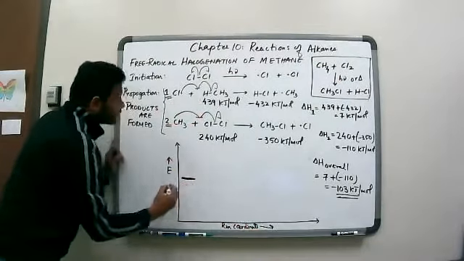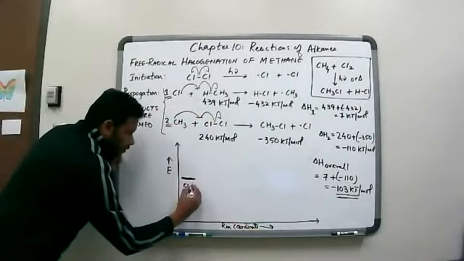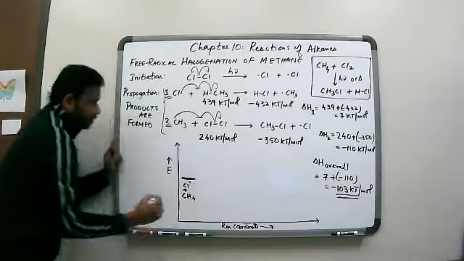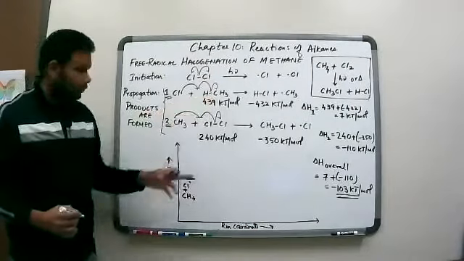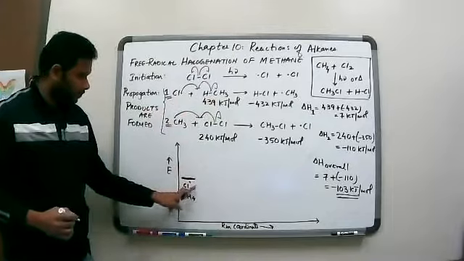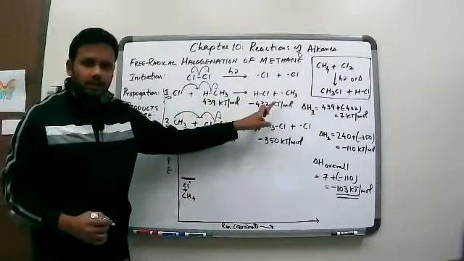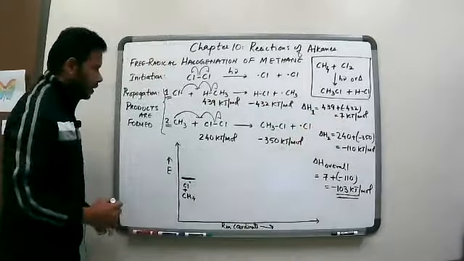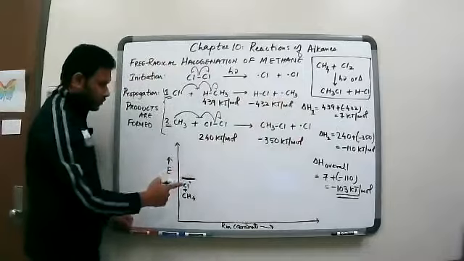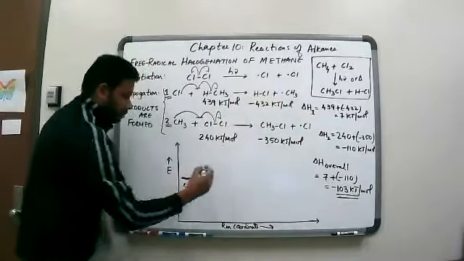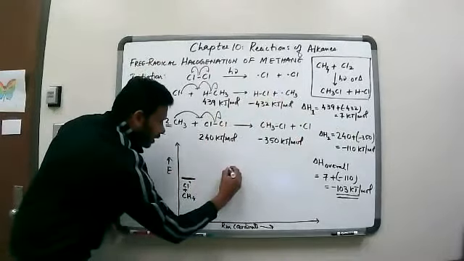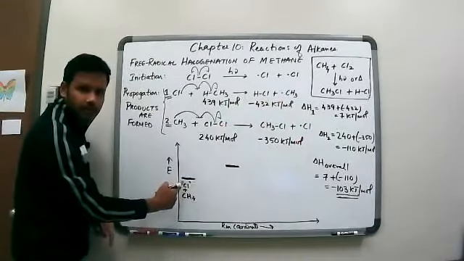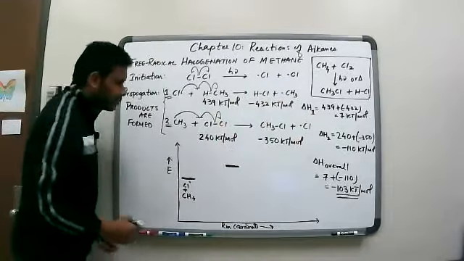This is where chlorine radical plus methane are the reactants for the first propagation step. Now, the first propagation step we calculated is an endothermic step. That means the products from the first propagation step must be at a higher energy compared to the reactants because this step is endothermic.